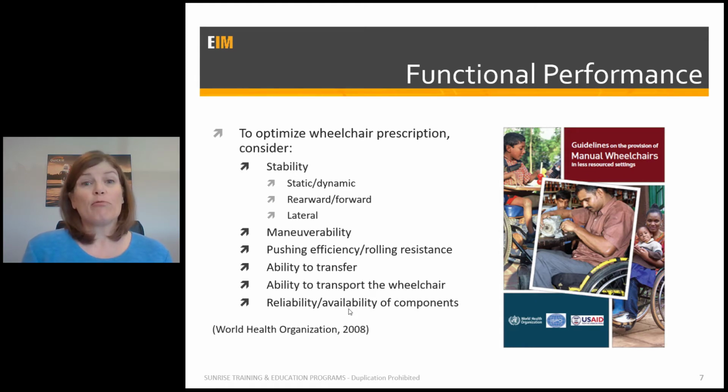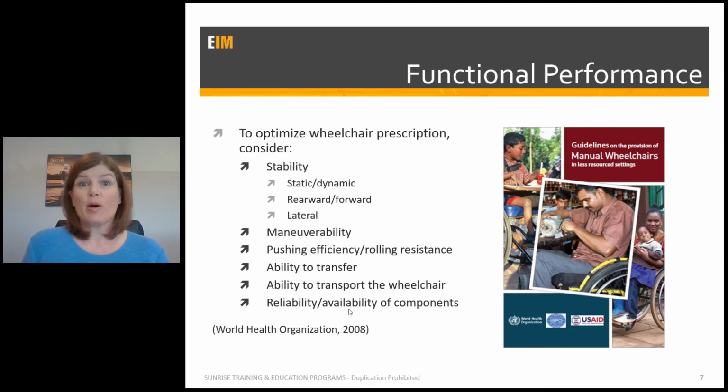We can think about rearward and forward stability, and I'll be talking a little bit more about that in the webinar. But essentially what that's looking at is the tippiness of the wheelchair in either a forward direction or in a rearward direction. And lastly, there's also lateral stability, that side-to-side stability that we also have to think about and the implications for function for clients. We can also think about maneuverability, and that's something else that we really should be considering.